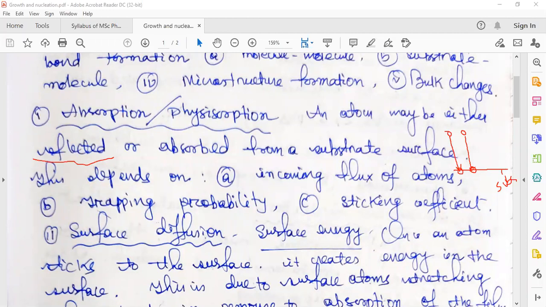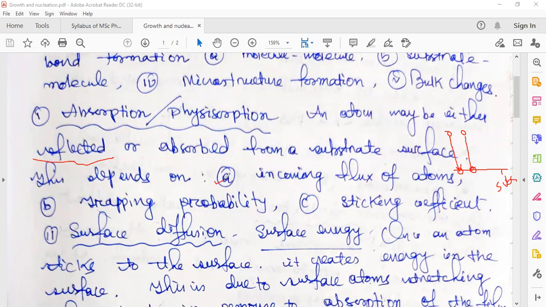But now the thing is, which atoms will be incident on the surface of the substrate, and which ones will be reflected back? That will depend on several possibilities. One of the scenarios is incoming flux of atoms.